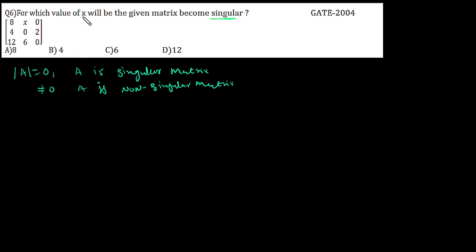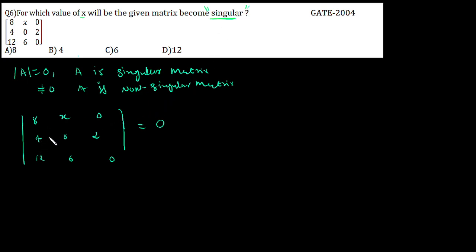They are asking about the value of x for which this matrix will be singular. Simply we have to find the determinant and equate it to 0, and from that we can find the value of the unknown x. So let's form the determinant: 8, x, 0; 4, 0, 2; 12, 6, and 0. We have to equate this determinant to 0, because the question states that the matrix must become singular.